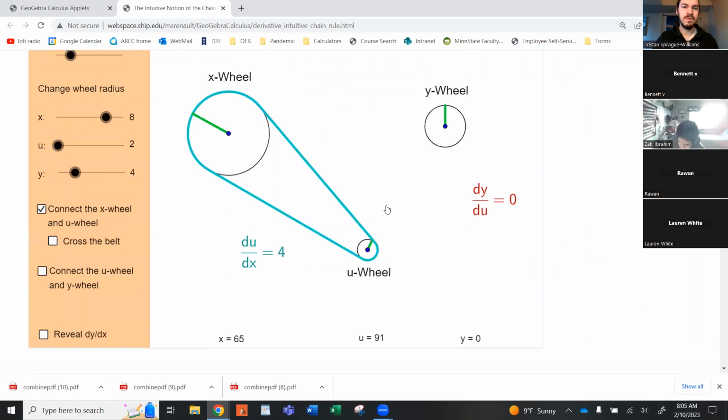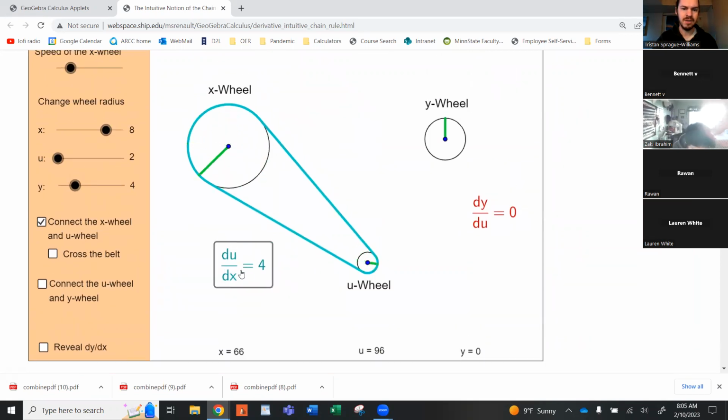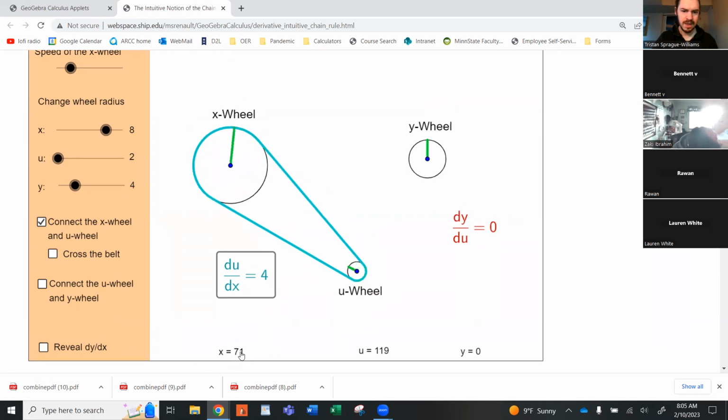Okay. So right here, we can see that it tells us that it is 4. What that means is that for every one time the x wheel goes around, the u wheel is going around 4 times. In other words, u is increasing 4 times as fast as x. You can see down at the bottom, every lap around the circle, x ticks up by 1.